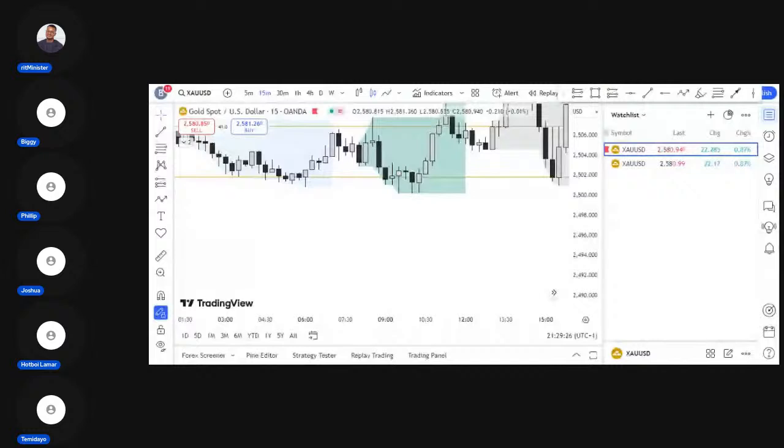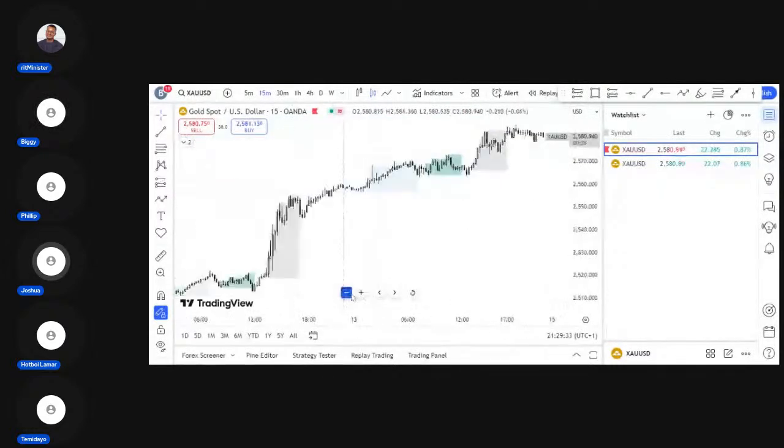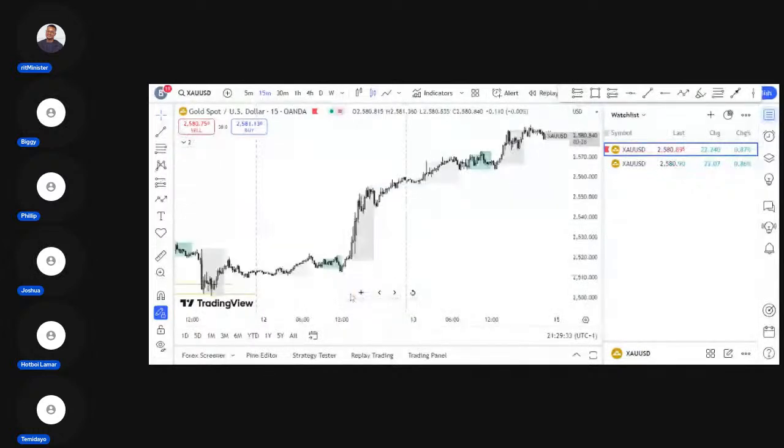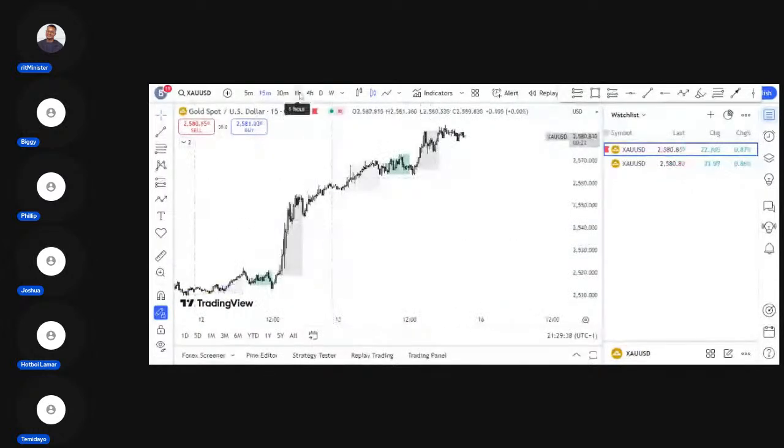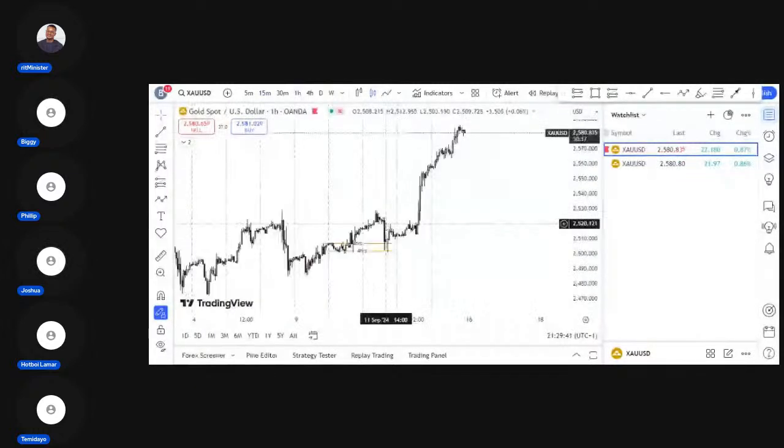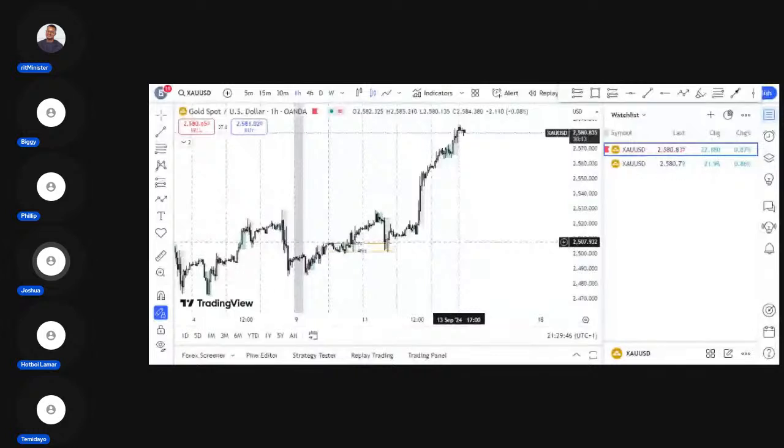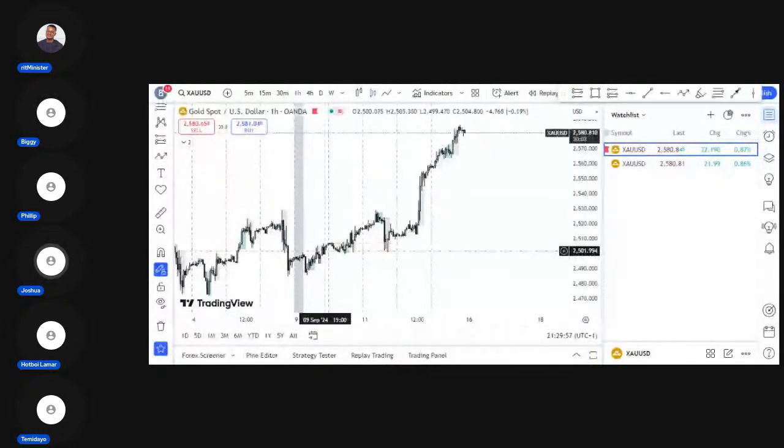Please, my question is, you made mention of price has violated a zone. You always say that price came to this zone and violated it.